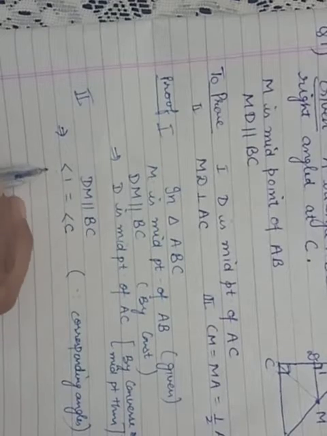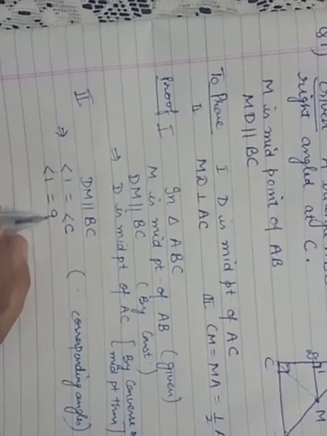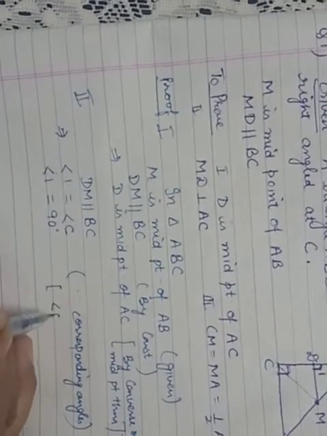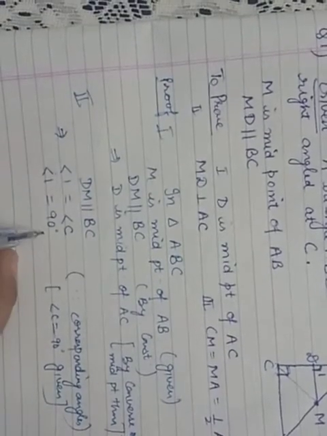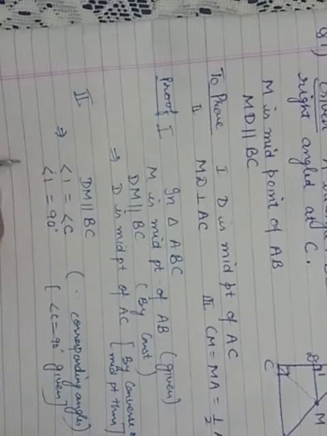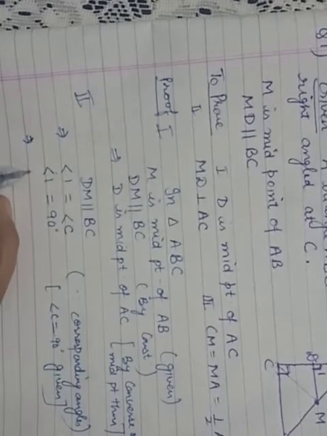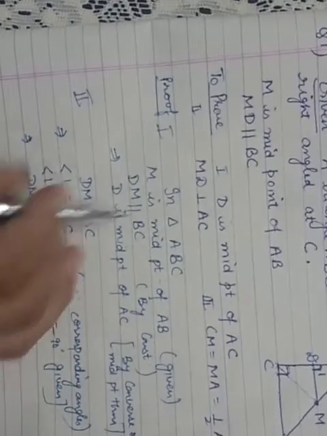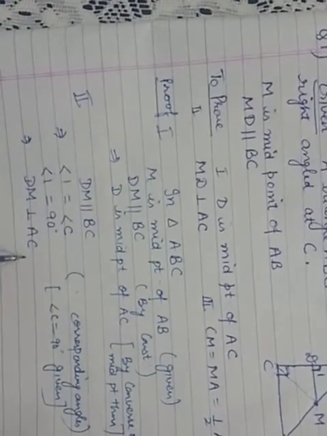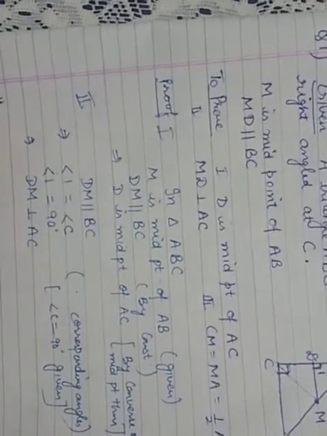Angle C is 90-degree, given, so angle 1 will also be equal to 90-degree, and as angle 1 is 90, this implies that MD is perpendicular to AC, hence it is a proof of the second part.